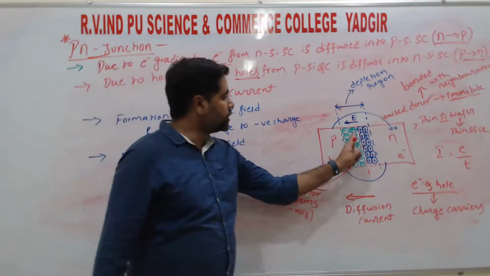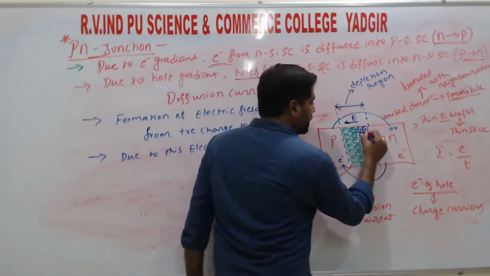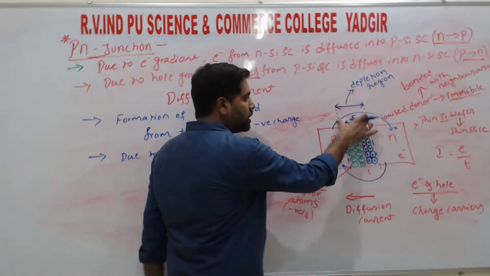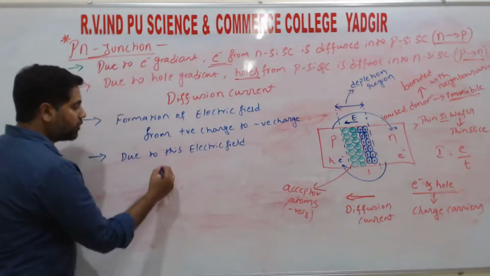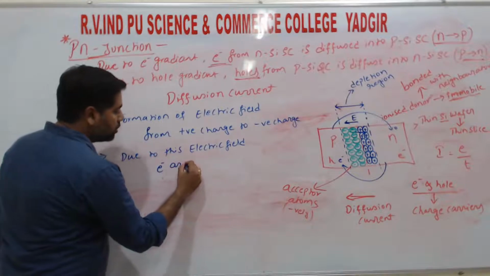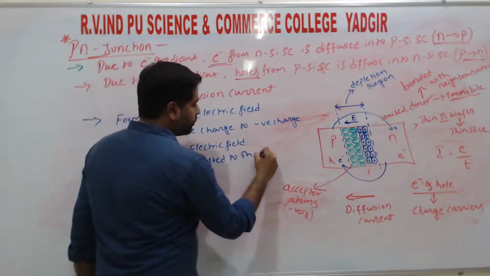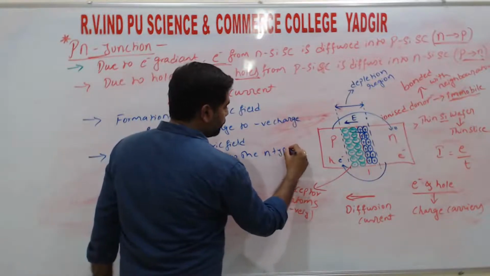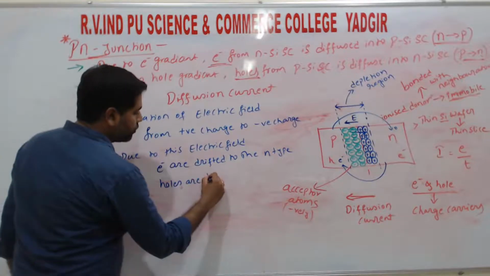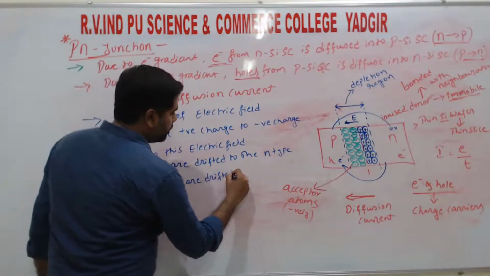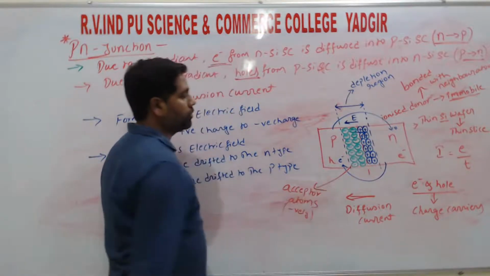Due to this electric field, the electrons which are present in the P side will move into the N side region, in the depletion region, right? So due to this electric field, electrons are drifted to the N type and holes are drifted to the P type, right?